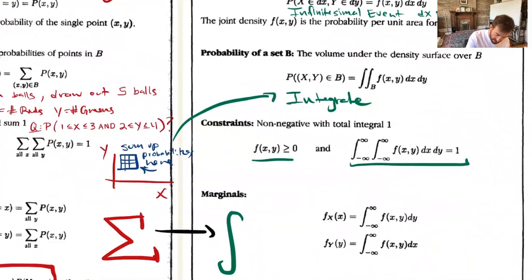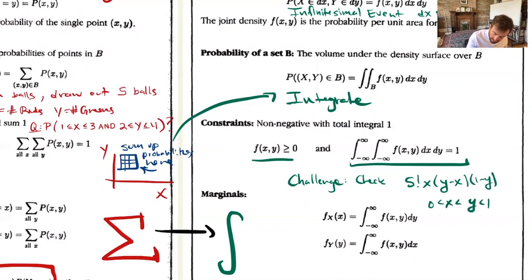I'm just going to say here as a challenge: check that 5 factorial times x times (y minus x) times (1 minus y), along the region x less than y less than 1, integrates to 1.